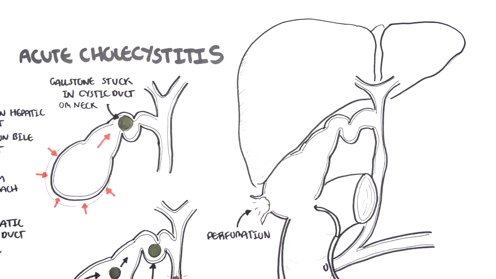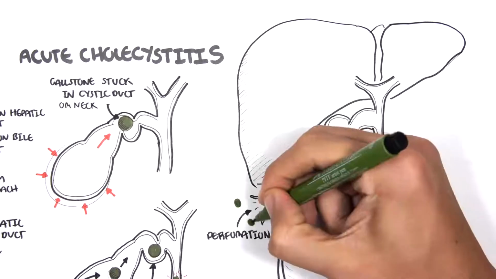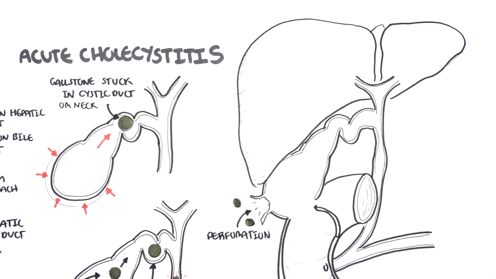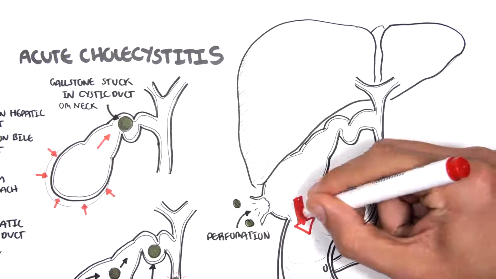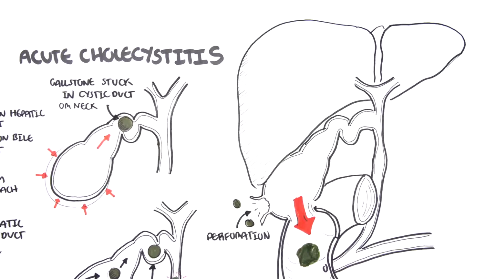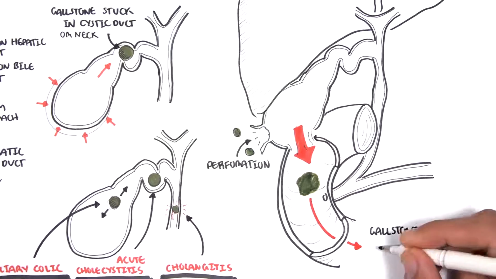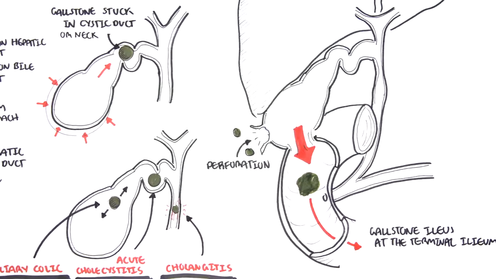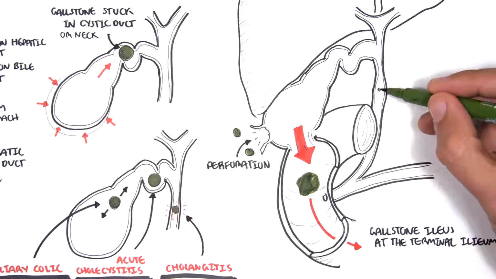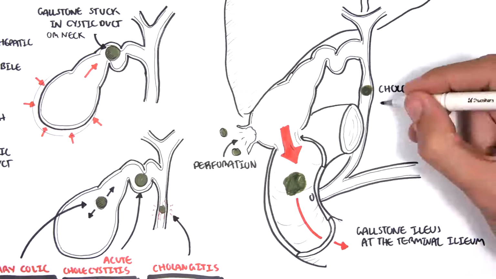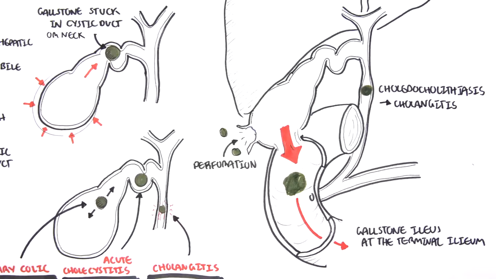Other complications include perforation of the gallbladder, and gallbladder duodenal fistula, which allows large gallstones to pass through, causing gallstone ileus at the terminal ileum. Gallstones can trigger cholangitis when they obstruct the common bile duct.